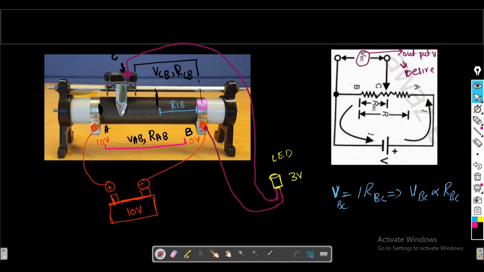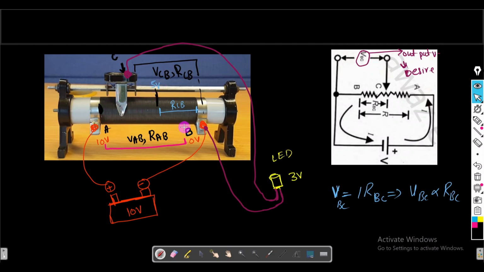If the resistance is decreased, then the voltage will be decreased between this contact C and this point B. So this voltage will decrease from 10 volt towards 0. Here it may be at this point, that may be 5 volt.